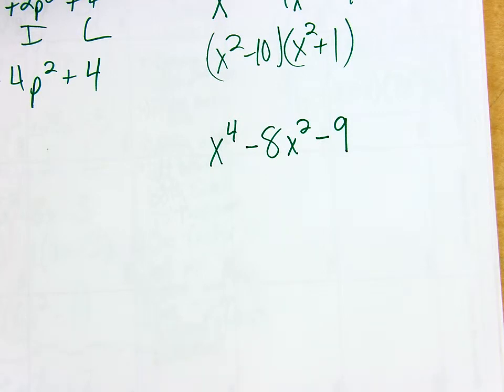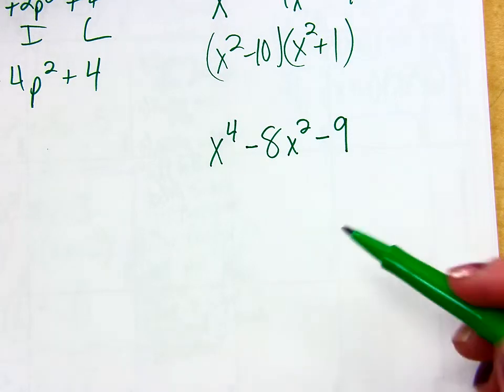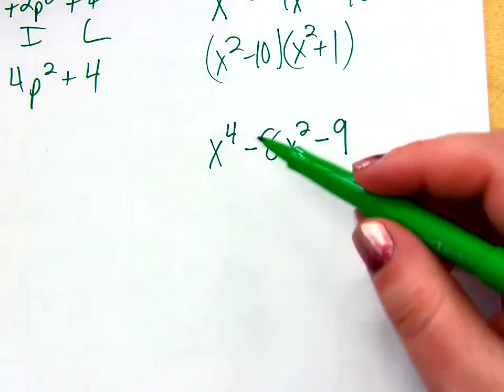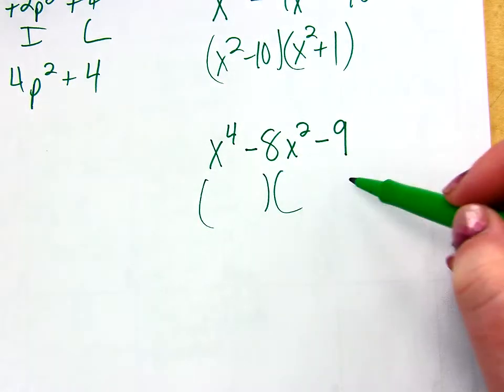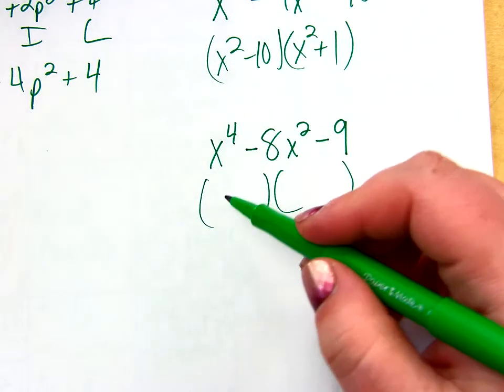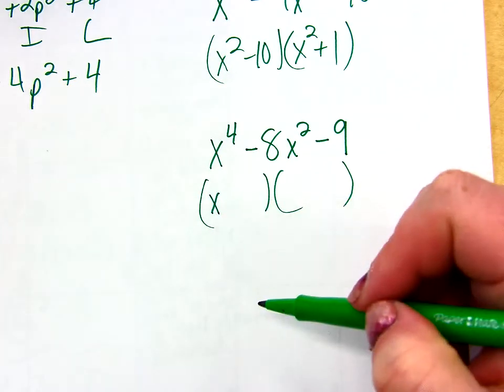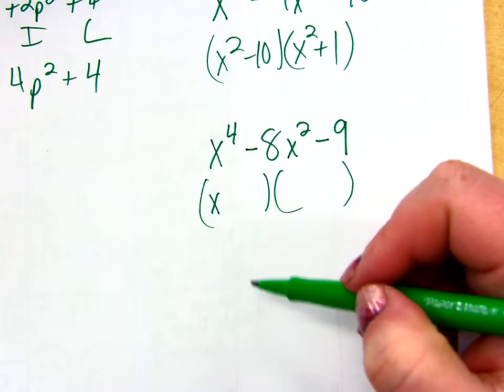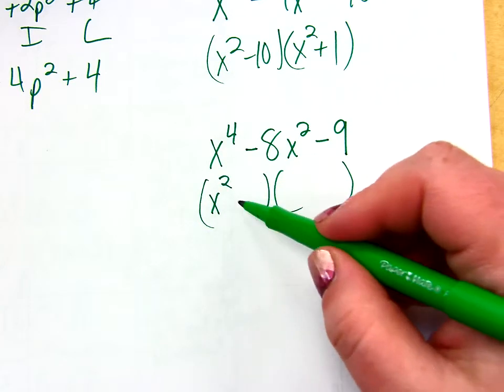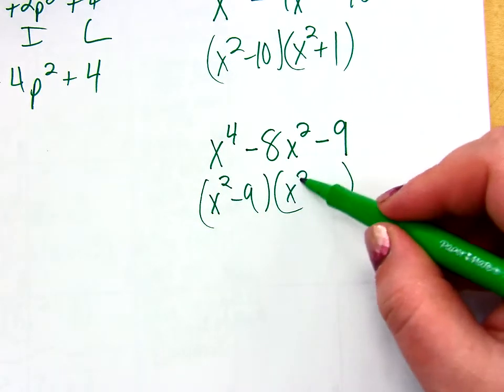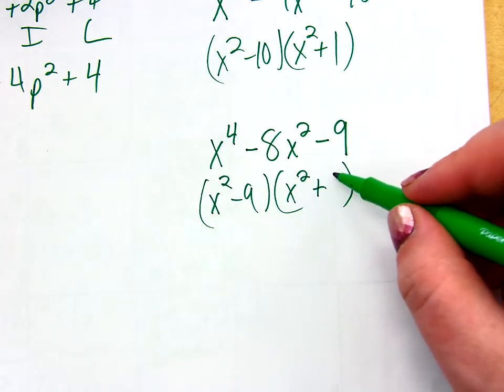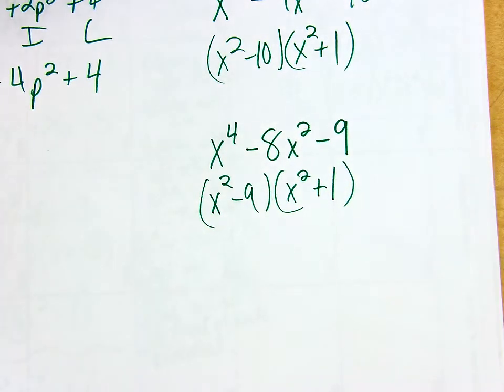Gianna, you have an answer too? Yep. Hold on to it. Okay. Everybody tell me, what are factors of negative 9 that have to be negative 8? Negative 9 and 1. Instead of writing x, I write x squared. So a negative 9 and, what'd you say, positive 1? Are you done?